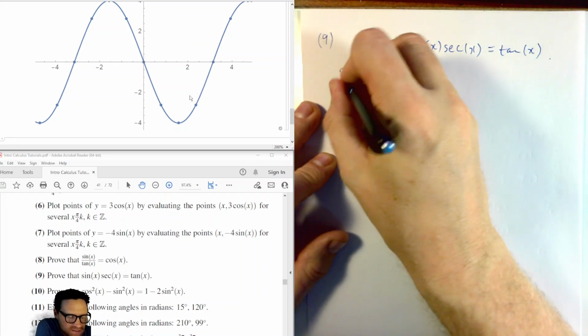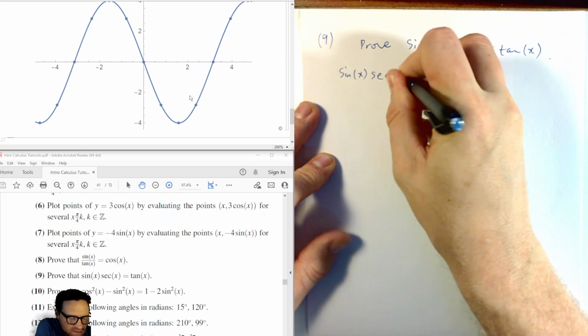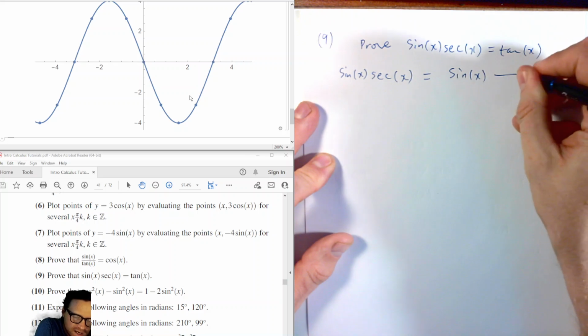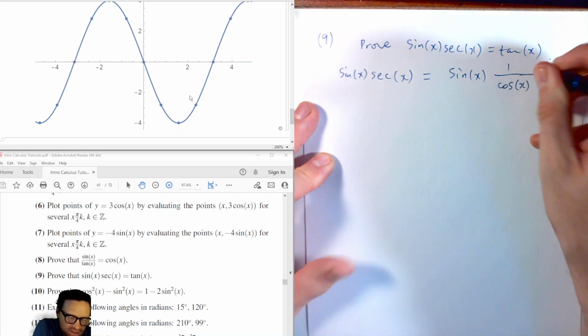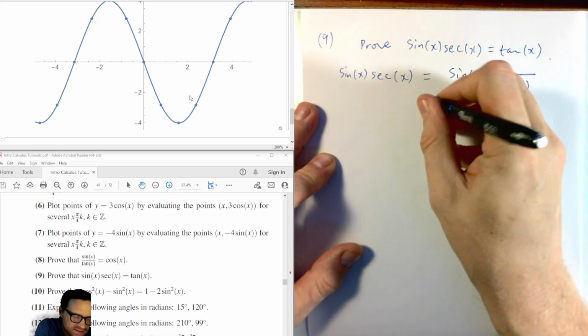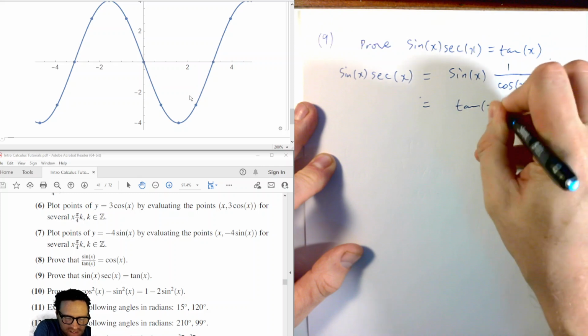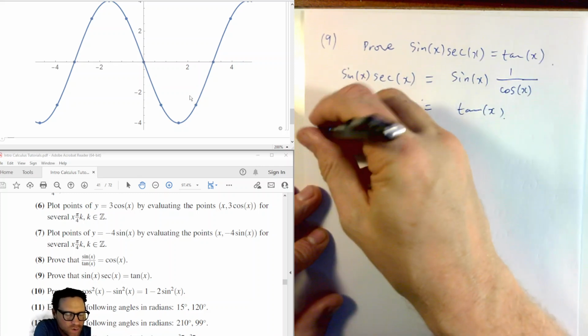So let's write sine of x sec of x is equal to sine of x times 1 over cos of x, because that is the definition of sec of x. And so we can write this as sine over cos, which of course is just tan of x. So that one was incredibly easy. All right, so let's move on to question 10.